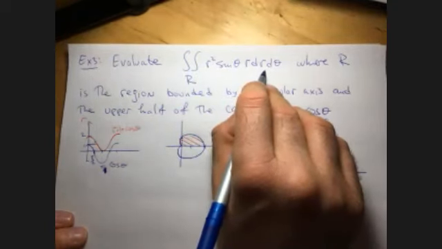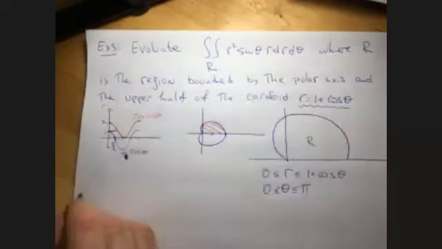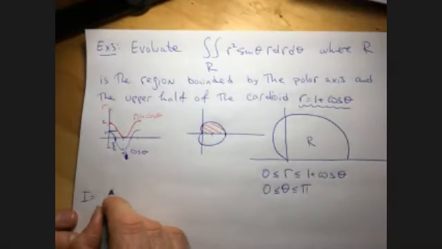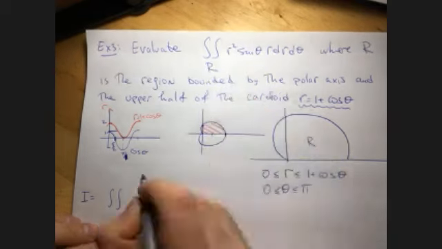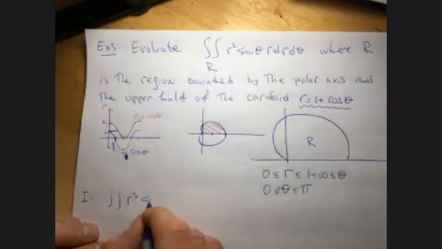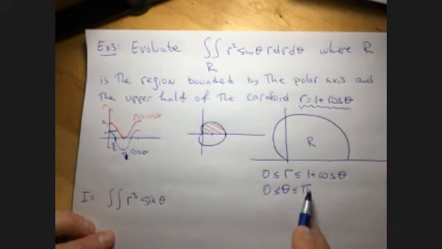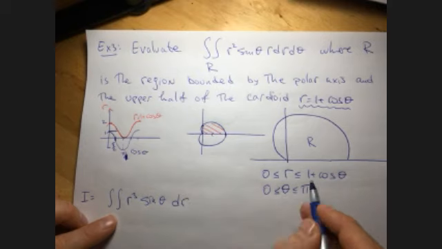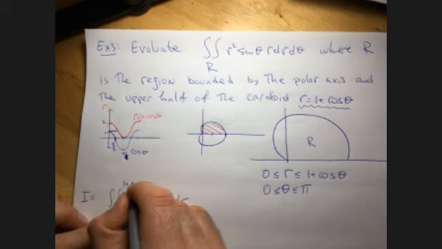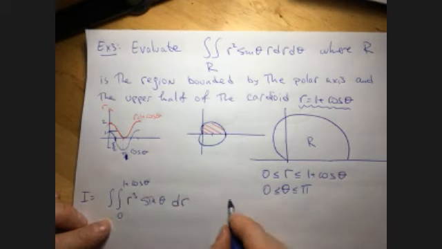The function is already expressed in polar coordinates, so the integral is equal to the double integral of r squared times r, so r cubed, sine of theta. But now be careful, it's a must that we first evaluate in terms of r, because r depends on theta, from 0 to 1 plus cosine of theta, d theta, and theta goes from 0 to pi.